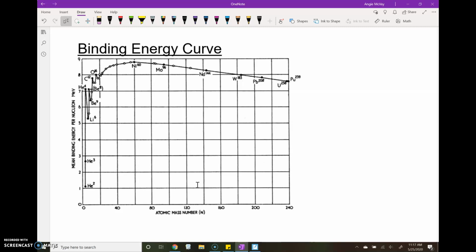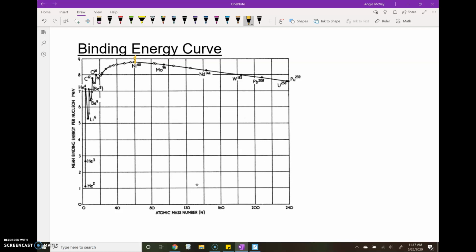That's called binding energy, and it follows this curve. There's generally less binding energy with lower atomic mass numbers, and then we get up to nickel, like nickel-iron-ish. That has the highest binding energy, which indicates it's one of the more stable nuclei. Then the binding energy generally decreases after nickel as we increase in atomic mass number.